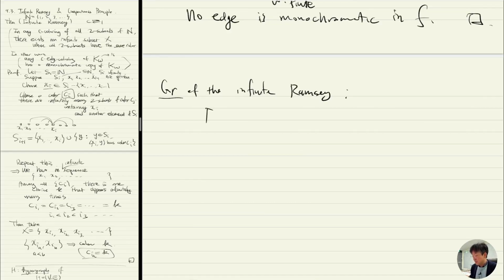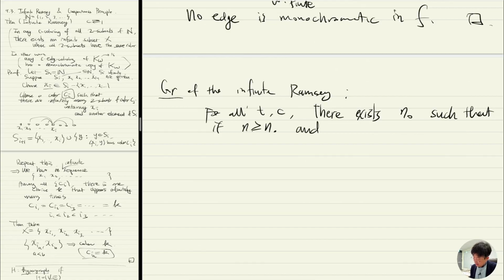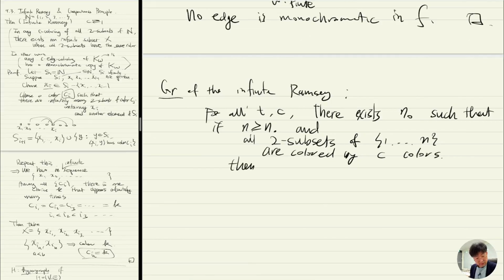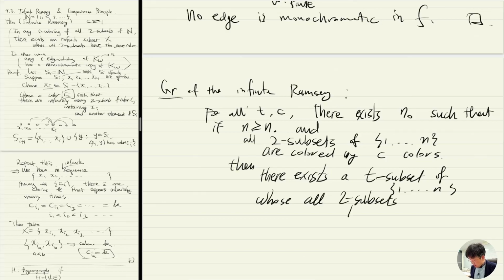Now what we're going to do is, for all t and c, there exists n0 such that if n is bigger than n0 and all two-subsets of 1 up to n are colored by C colors, then there exists a t-subset of 1 up to n whose all two-subsets have the same color.